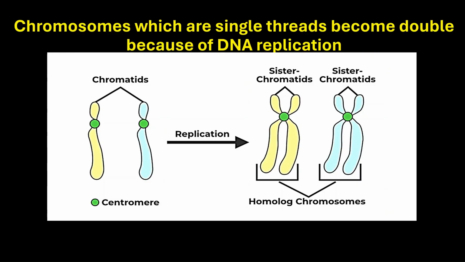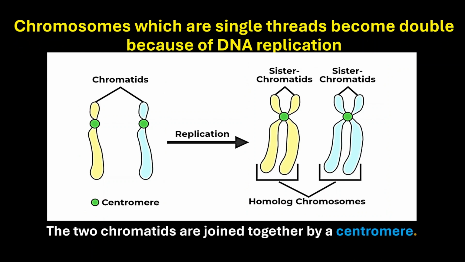Chromosomes, which are single threads, become double because of DNA replication. In other words, DNA replication converted the single threaded chromatids into double threaded structures, what we call chromosomes.